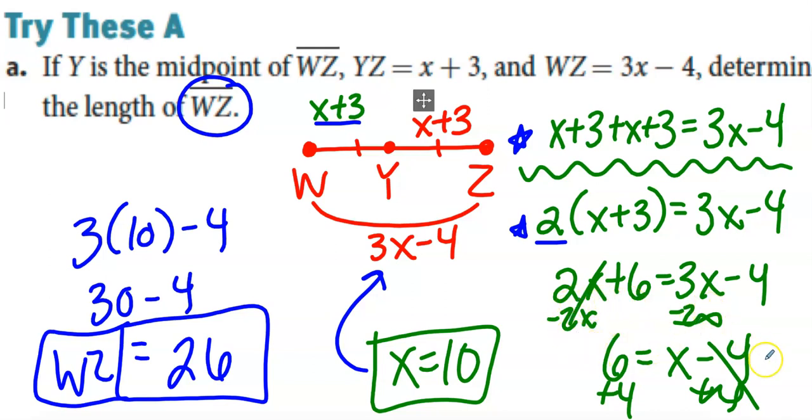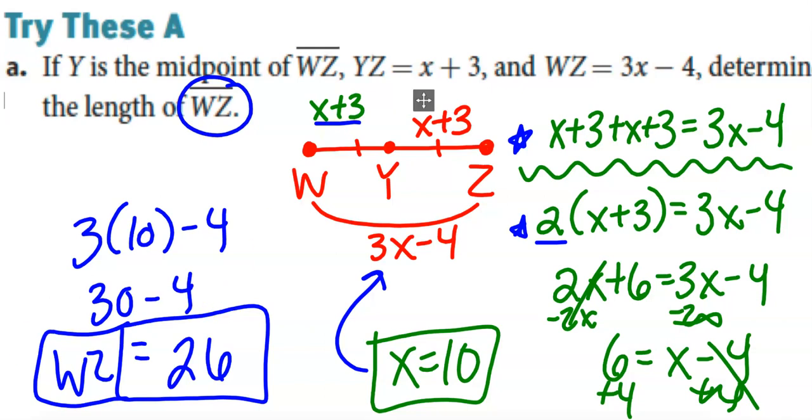So you would solve this multi-variable equation, and then you would get x equals 10. Final answer wanted you to find WZ, so I had to plug it in or substitute it into the whole entire thing to get 26. Okay? So biggest thing, you have two ways of writing your equation, and then just make sure if you know one part, you're totally able to copy that equation over for the other midpoint.